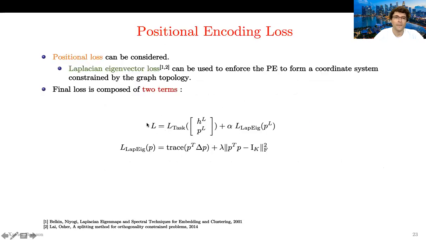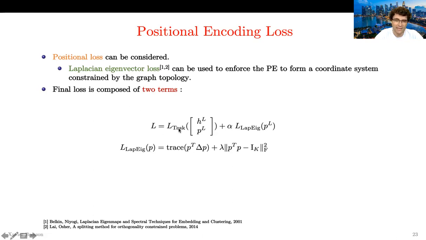Since we have a positional representation, we can also add a positional loss. A very natural one is to add the Laplacian eigenvector loss, such that the positional encoding will form a coordinate system constrained by the graph topology. At the end, the final loss will be composed of two terms.